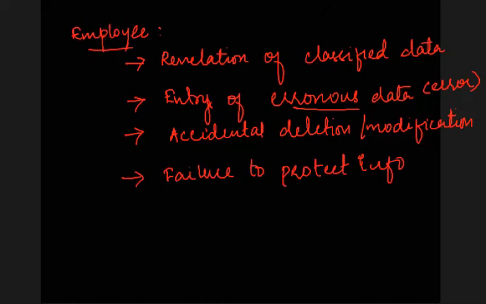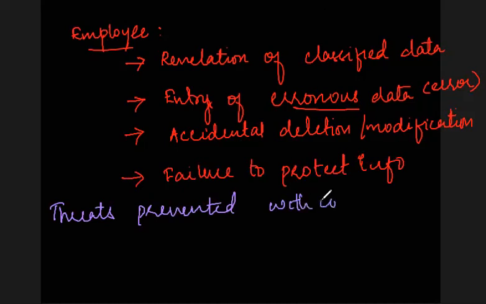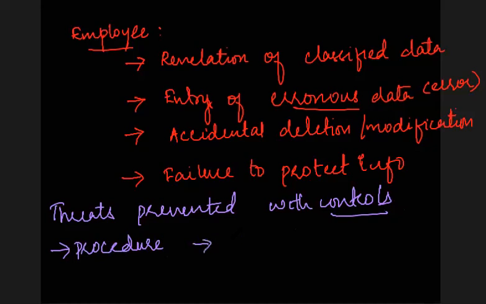Many of the threats posed by employees can be prevented by implementing different controls. What are these controls? If you're implementing a particular procedure, which can be simple or a complex or critical command, you might have to enter some commands twice to ensure you are not wrong the first time.